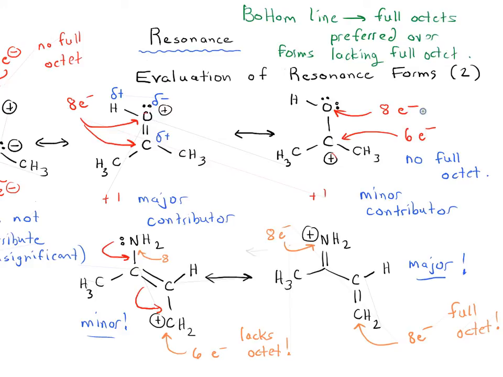So just keep that in mind when you're evaluating resonance forms. If you see one of the resonance contributors that has every atom having a full octet versus one where an atom lacks a full octet, the one with all atoms having full octets is going to be more stable. Next one, we'll talk about how to stabilize negative charge.